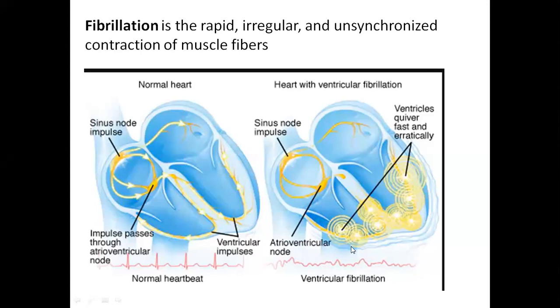Similarly, we have atrial fibrillation also. Fibrillation is a word that indicates irregular and unsynchronized contraction. There is no regularity and no synchronization between the atria and the ventricles, and synchronization should be there.